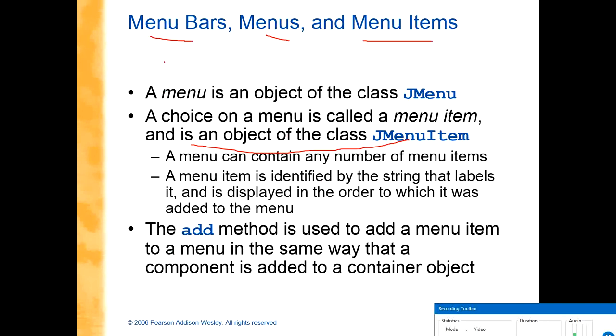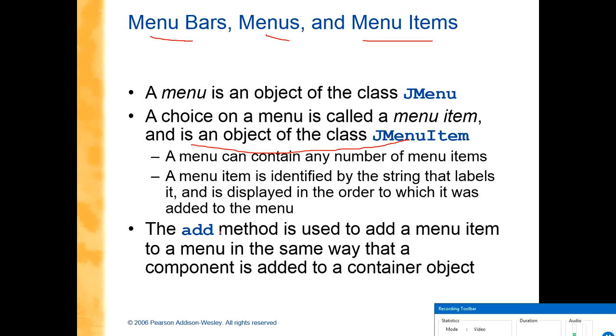So what is a menu? For example, in Microsoft Word you have a menu File, and the menu items are new, open, save, save as. All these are menu items. You always add a menu item to the menu, and the menu is added to the menu bar. So you need to remember this hierarchy.